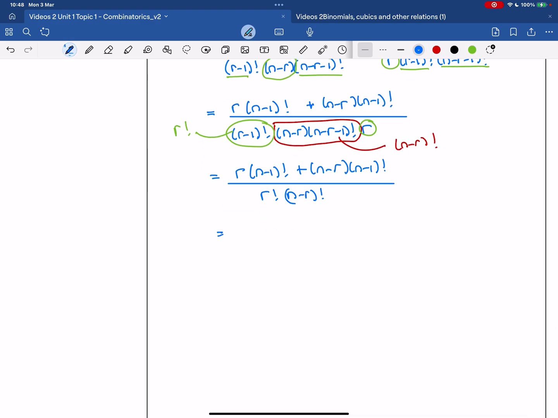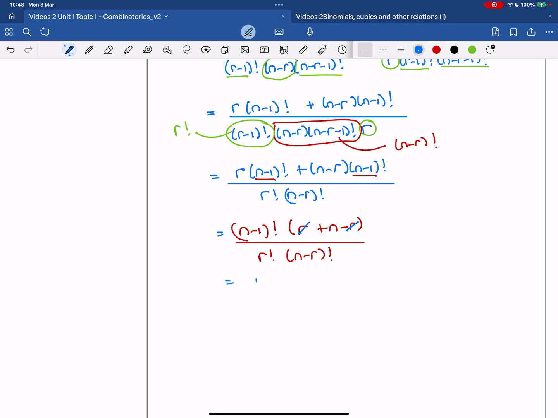Let's take out that n minus 1 factorial in my numerator. So I've got n minus 1 factorial there. I've got r plus n minus r left there. Oh, probably not in red, but anyway. r factorial n minus r factorial, and r minus r cancel.